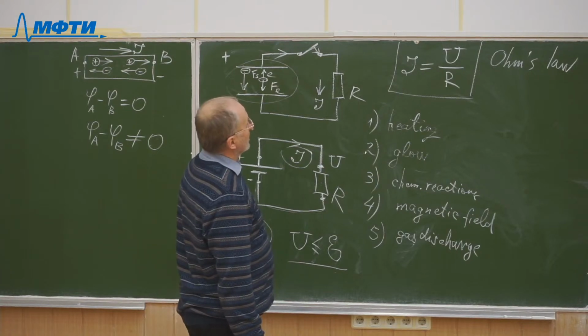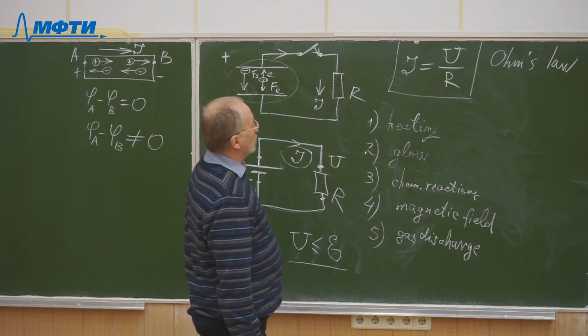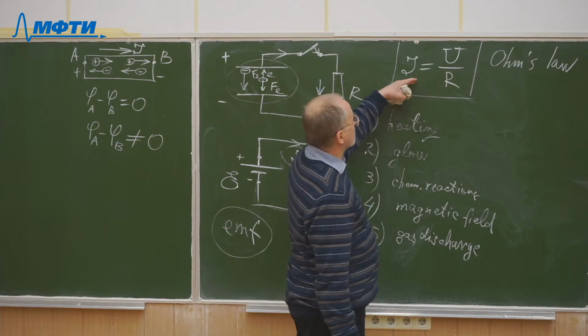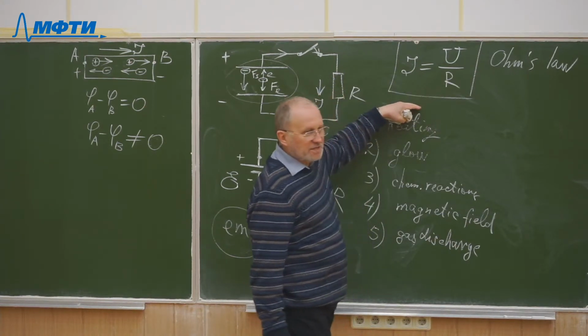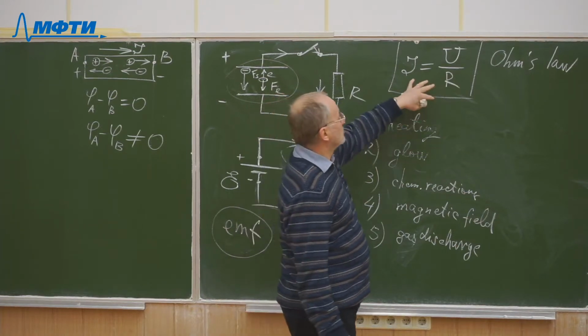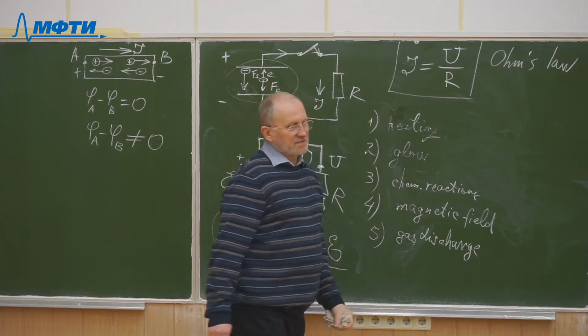It should be said immediately that Ohm's law is not always applicable. In some cases there are elements in radio electronics which do not obey this law. We will discuss these elements a little bit later.